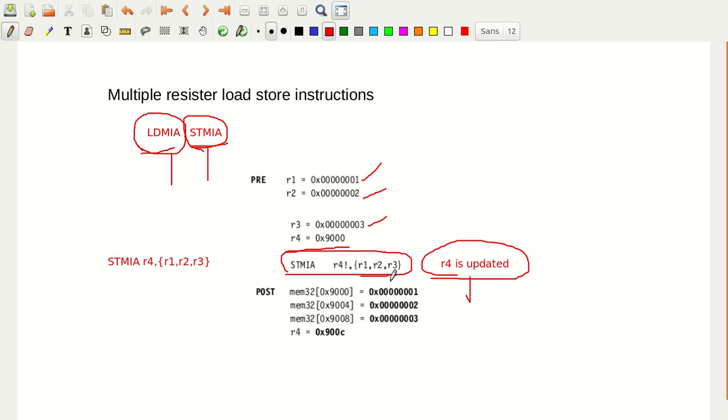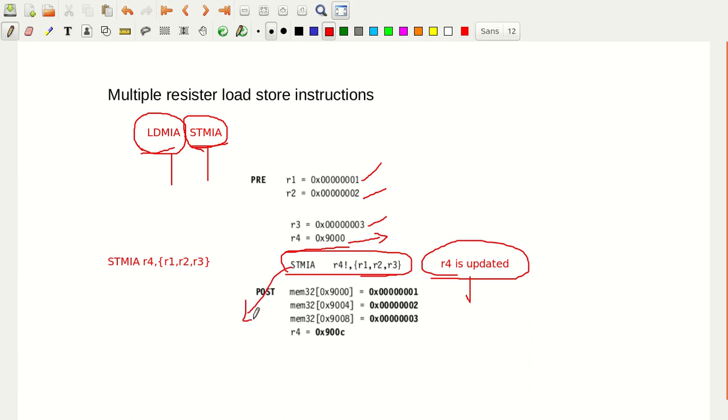This is the register list, where those values are taken and put into the memory. So first, what is this value? This is the R4 value. Let me discuss this one. This is store multiple, increment address after loading. So first you load, then you increment the address.